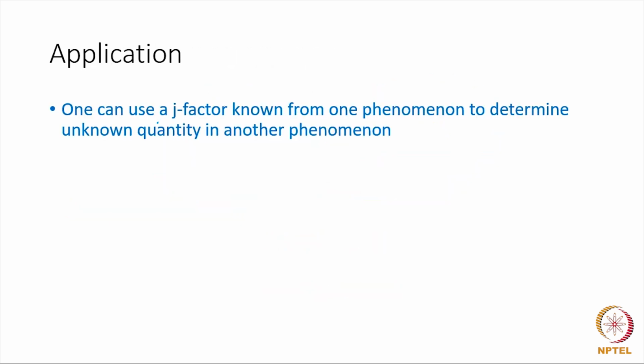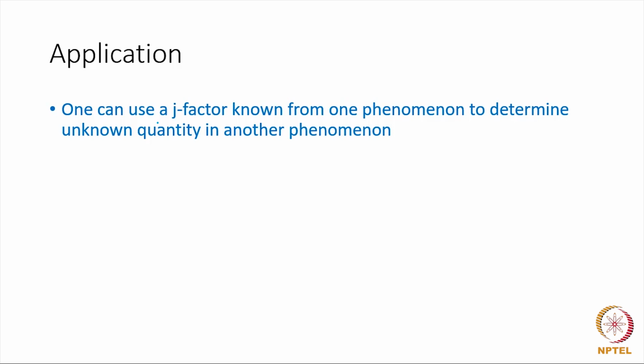What are those? The applications are that we can use the J factor known from one phenomenon to determine an unknown quantity in another phenomenon. By that, what we mean is as follows. We have already seen in an earlier lesson that the mass flux is a very accurate quantity that can be estimated during experimentation, because equipment with 1 microgram accuracy in weight loss are quite easy to have in laboratory practice, which means that experiments that are done with respect to mass transfer are very accurate.